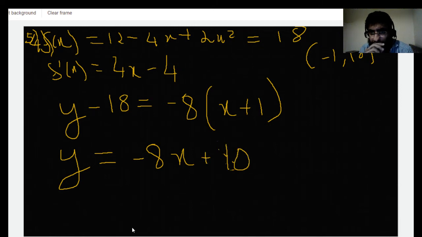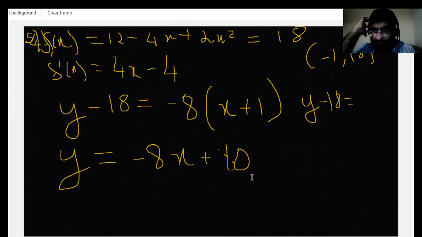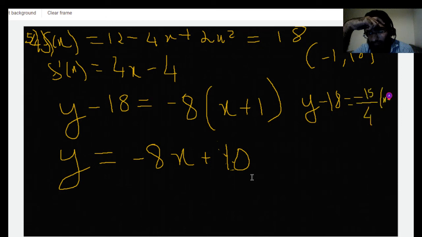Second equation is y minus 18 is equal to minus 1 by 4, in bracket minus 1 minus 4, which gives me minus 15 by 4, into x plus 1.